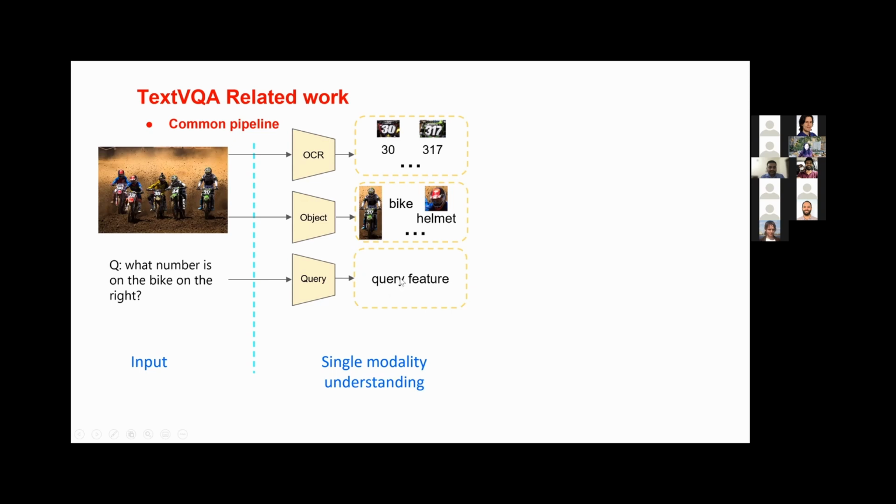So the outputs of the single modality encoders are the encoded region features for objects, OCR regions, and the word embeddings. Once we have the features of each modality, joint modeling networks are designed to fuse these features together. It is expected that the fused feature can be directly used to predict the final answer.